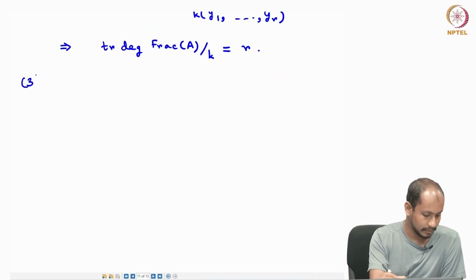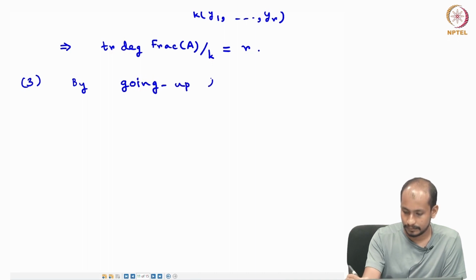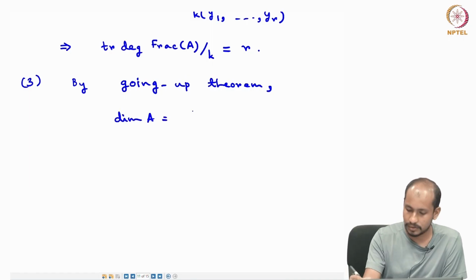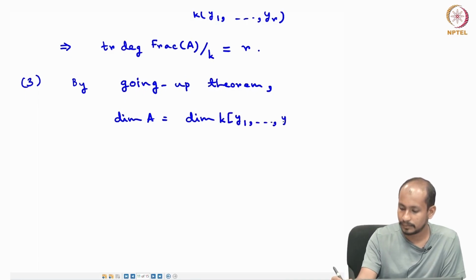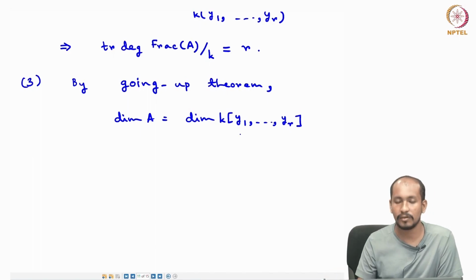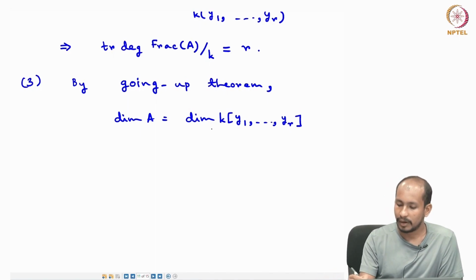Now, third remark, by going up theorem, dimension of A is equal to dimension of K[y1, ..., yr], because this A is integral over this K[y1, ..., yr]. So, from going up theorem, it follows that their dimensions are the same.